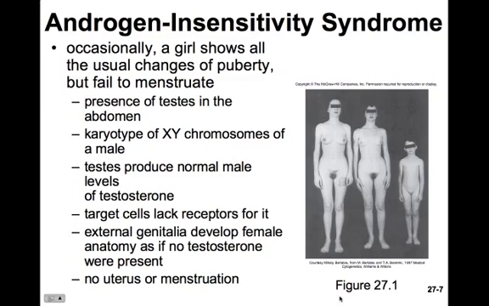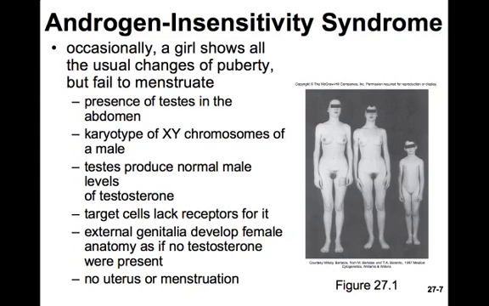These individuals all have the karyotype, or the genetic sex of male, XY. And they produce testes and normal male levels of testosterone. However, none of the targets have receptors for the testosterone, so it's as if testosterone isn't even there. We'll see that female is the default sex.